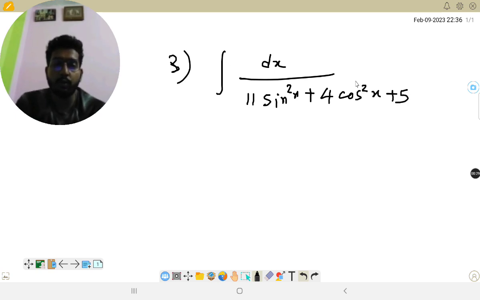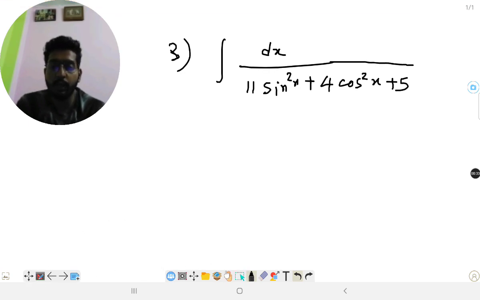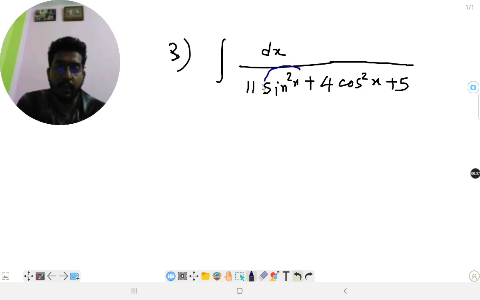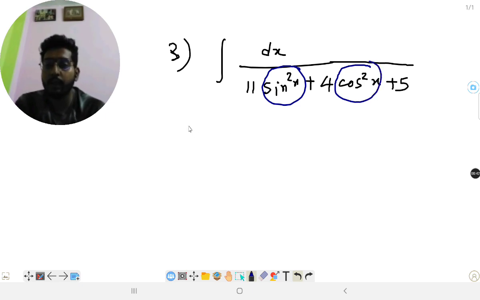Okay. So whenever this type of function will come where sin square and cos square is included, first of all, we have to divide the numerator and denominator both by cos square x.